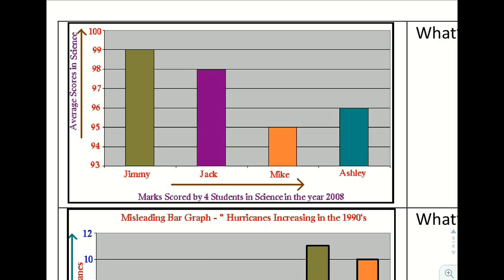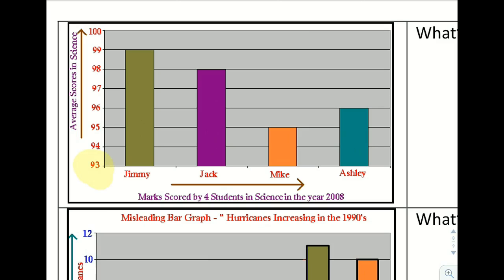And it shows the actual scores they got in science class on this axis, and it shows the names of the students on this axis. So one thing that you always want to look for in a bar graph that can be misleading, not always necessarily misleading, but definitely can be, is where the graph starts.